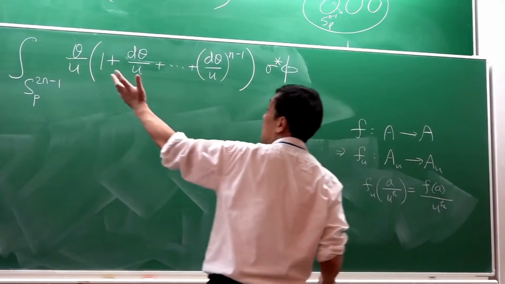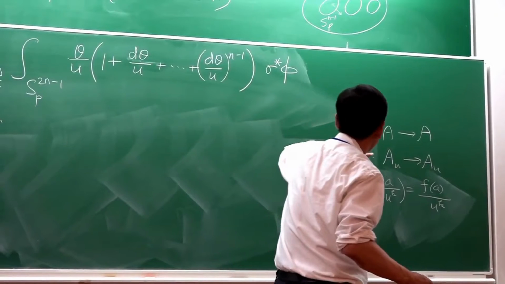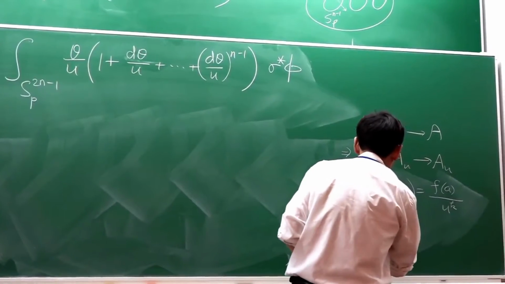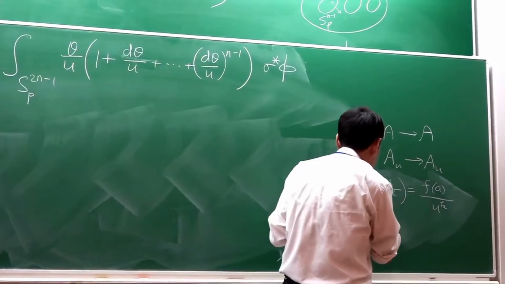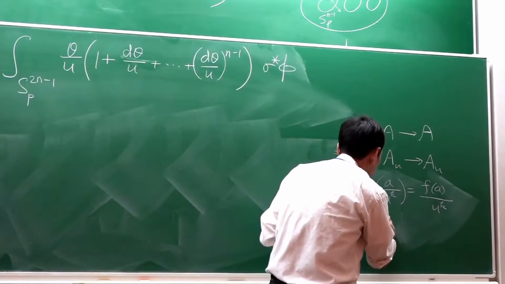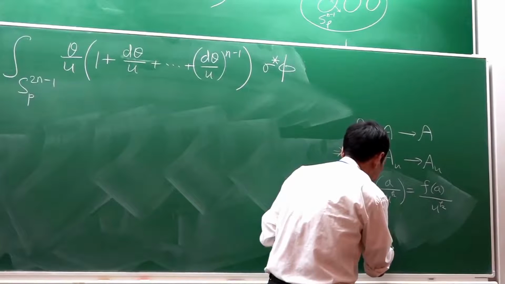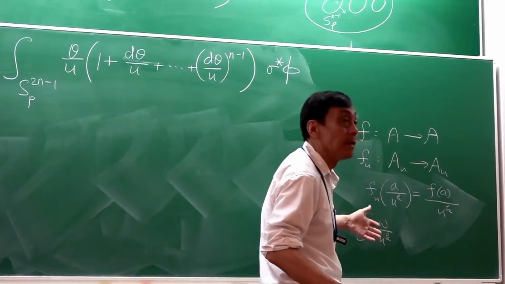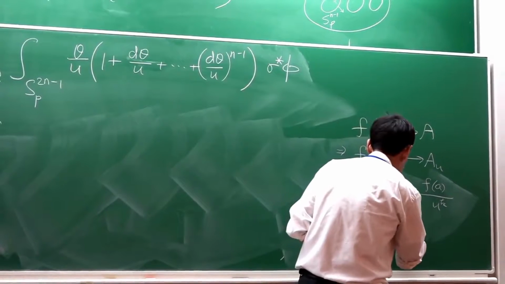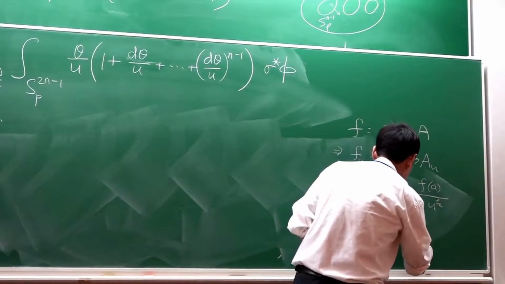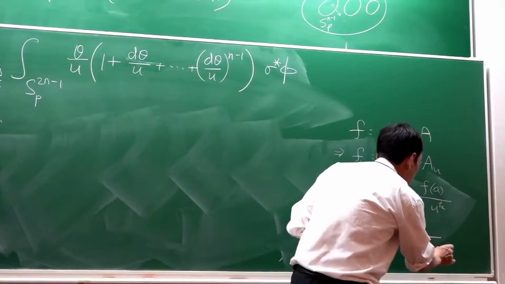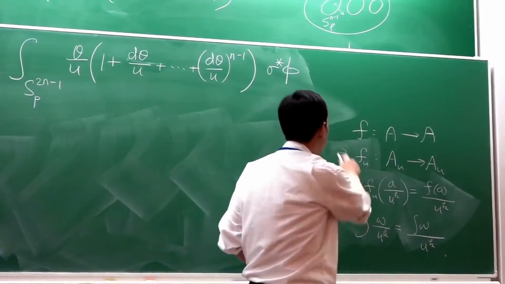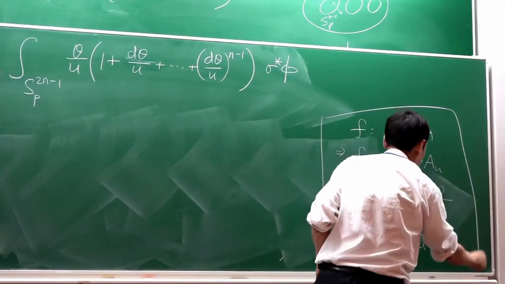So we have an integral. Basically, what I'm saying is that the integral of a localized form is just the integral of the form over u, over the power of u.